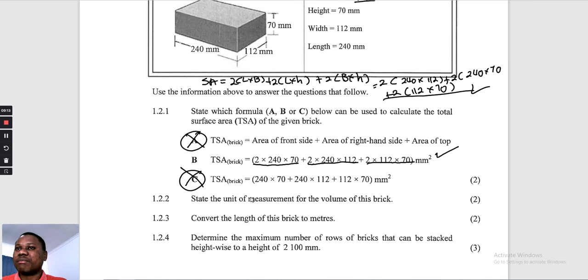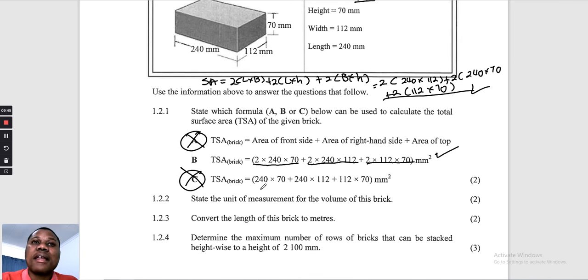Okay, now number 1.2.2, they say state the unit of measurement for the volume of this brick. Okay, so on the video that I was doing the volume and the surface area, I talked about the volume of a solid and a volume of a liquid. A volume of a liquid is always measured in liters or milliliters or kiloliters.